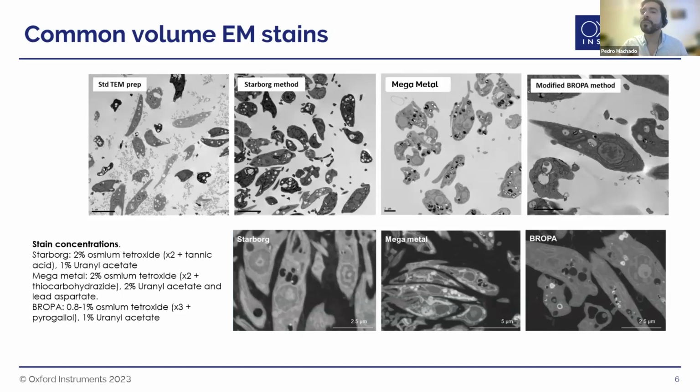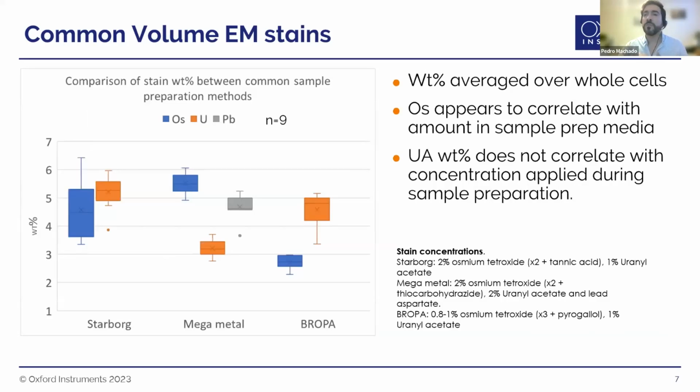So what does it look like when we want to compare between these staining methods in a more quantitative manner? If we look at this plot, we plot the weight percentage of different elements in the samples. We average over whole cells, and we measure the weight percentage of osmium, uranyl, and lead.